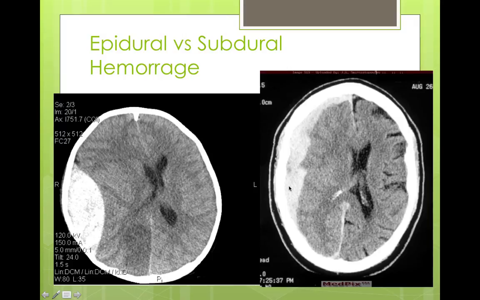Now, what I want you to remember, what is extremely important, I said about 5 minutes ago that hematomas are usually because of trauma.